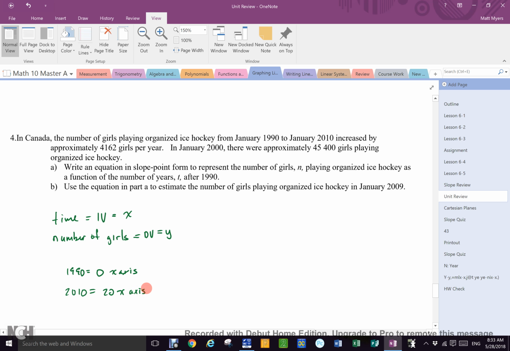Do I have any y values? What is the y value I have? I have the number of girls playing hockey. When? January 2000. What is that on the x-axis?